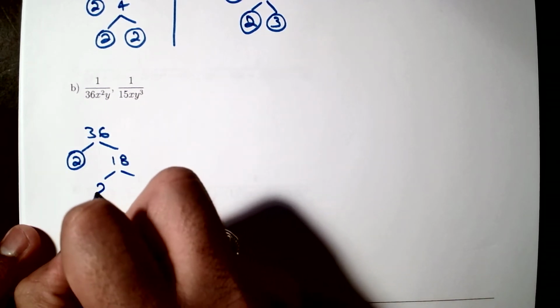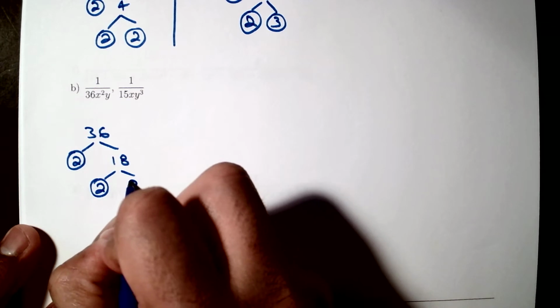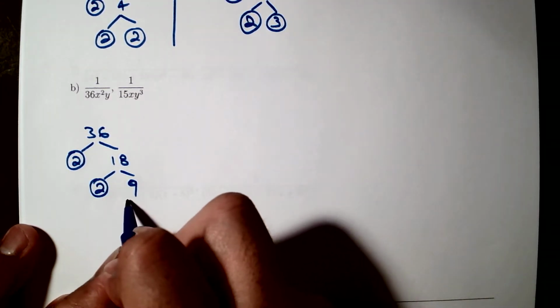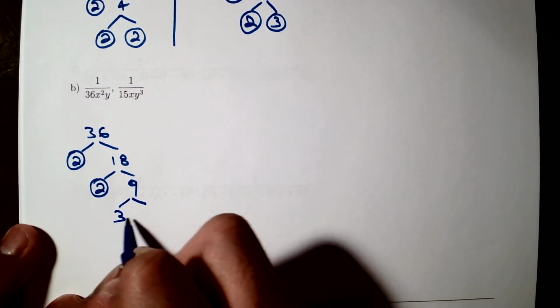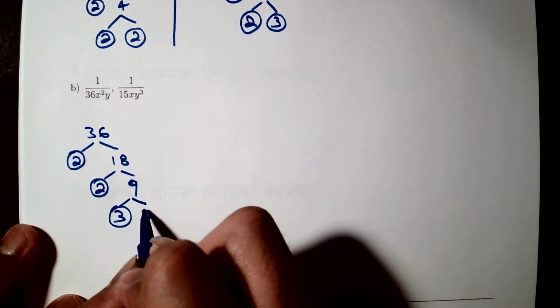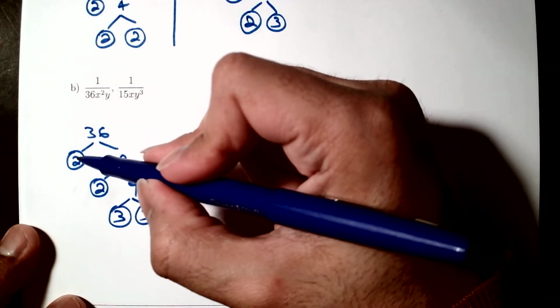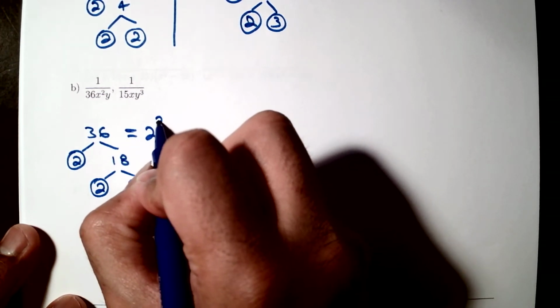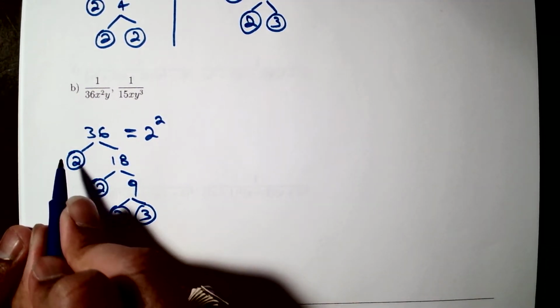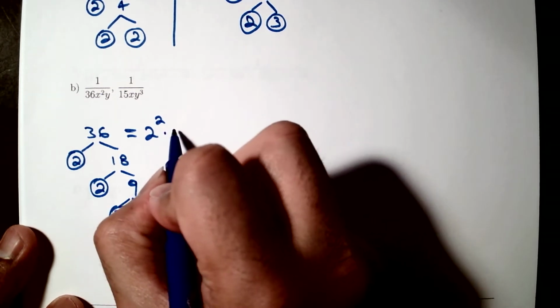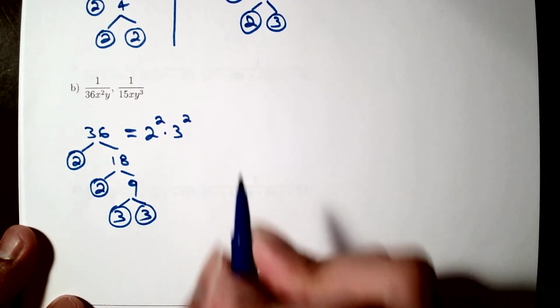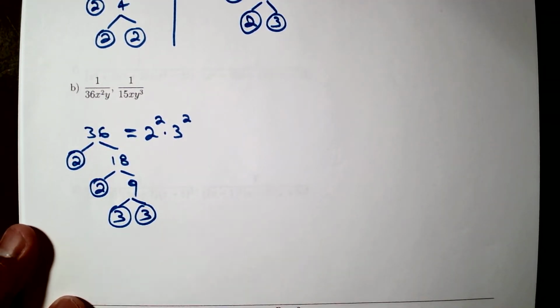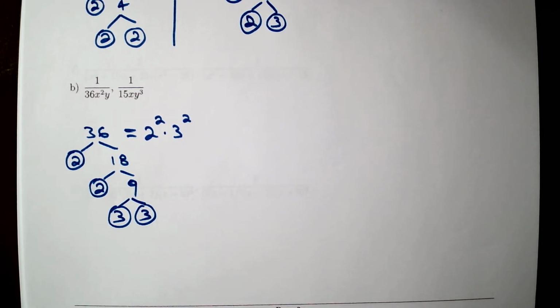Divide that by 2. That's 2 times 9. And finally, the number 9 is the same as 3 times 3. So in this case, we're going to have 2 to the second power because we have two factors of 2, times 3 to the second power because we have two factors of 3.